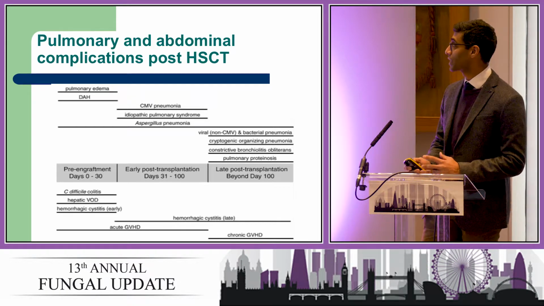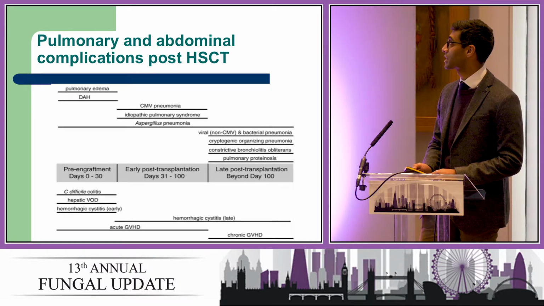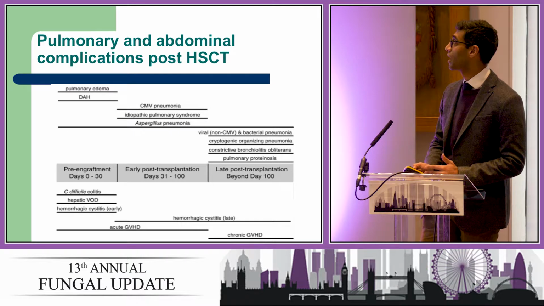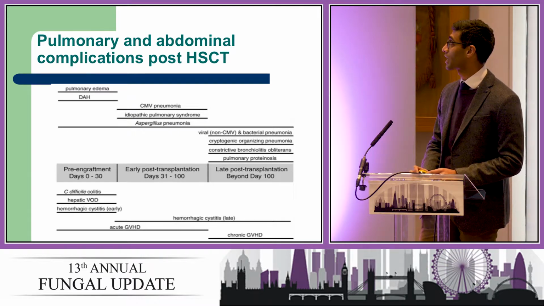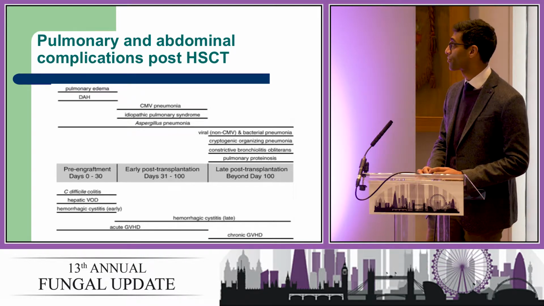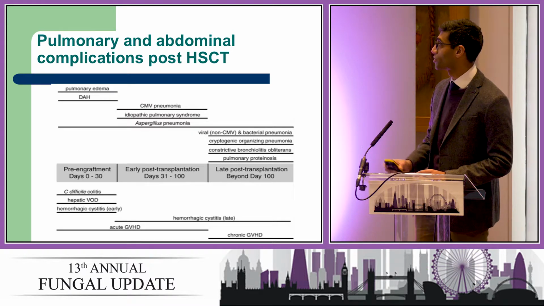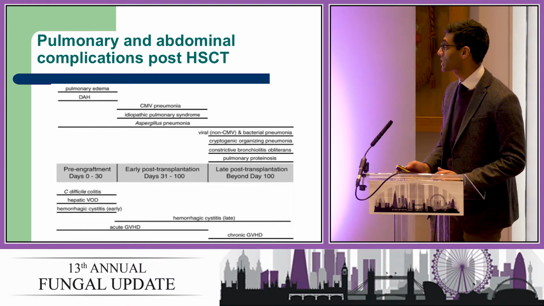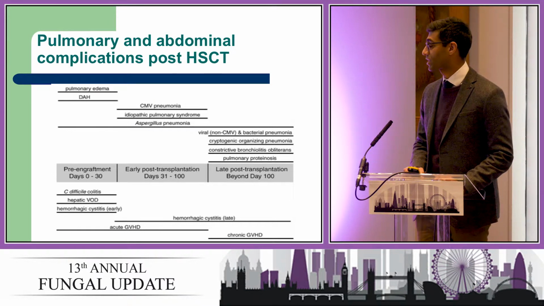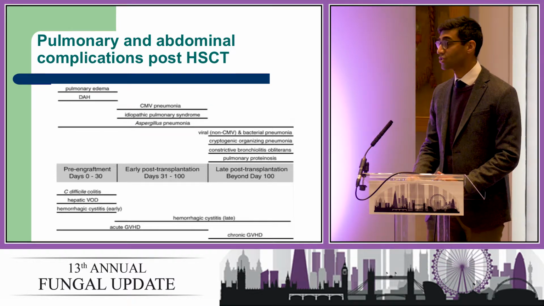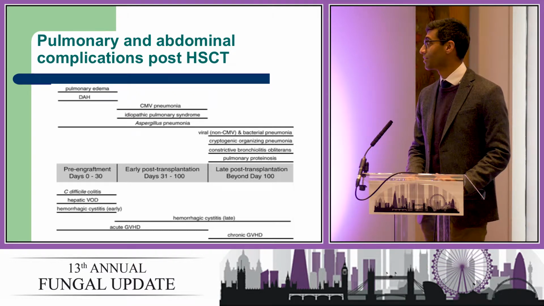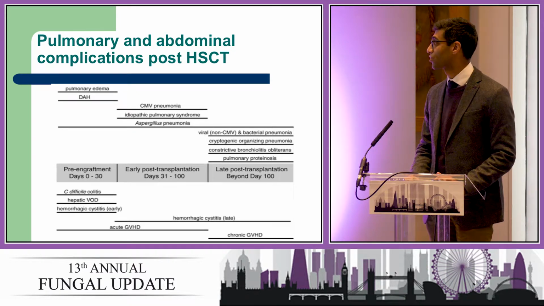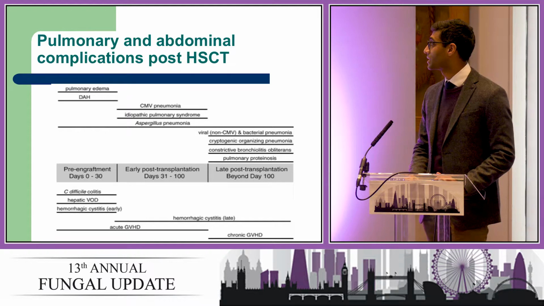Before we move on to exactly what graft versus host disease is, I just wanted to put it into context of other possible complications that can occur post-stem cell transplantation. We've already mentioned possible opportunistic infections that can occur in the first 30 days, such as hemorrhagic cystitis or neutropenic typhlitis for that matter, and we'll touch upon that a bit later on.